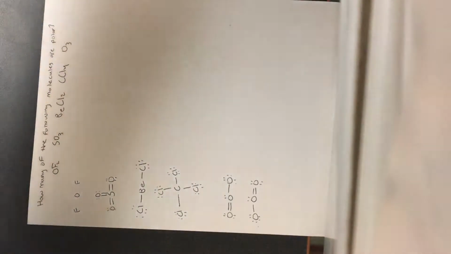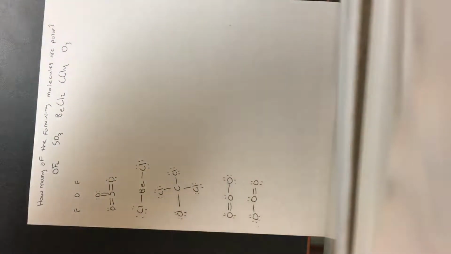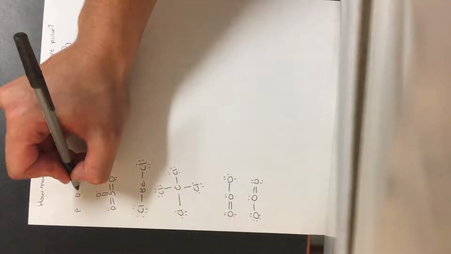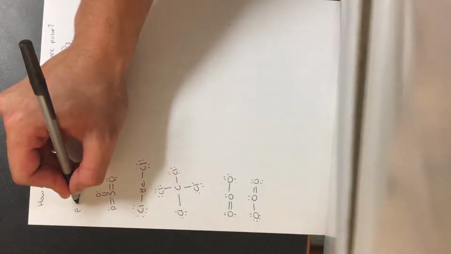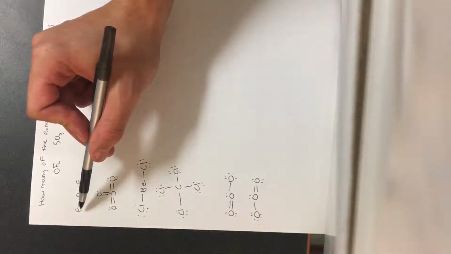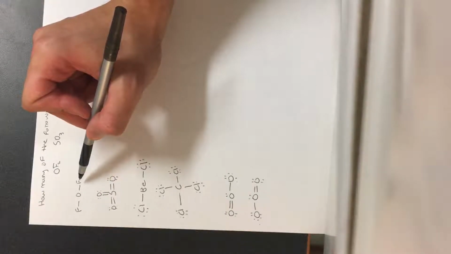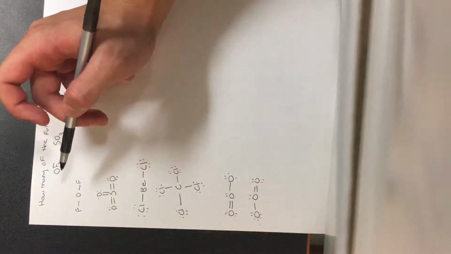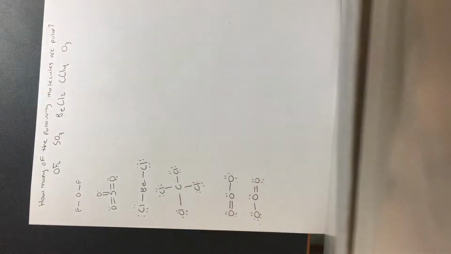So first, we will draw the bond between both of the F's and the O. Going off of that, we know that there are 7 valence electrons in F and 7 valence electrons in this F. So 7 plus 7 is 14, plus 6 is 20.